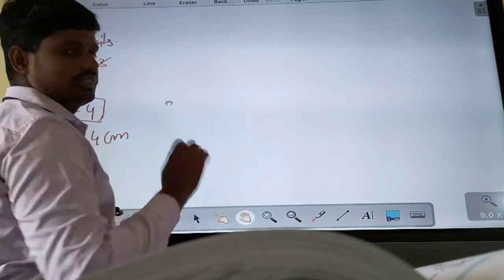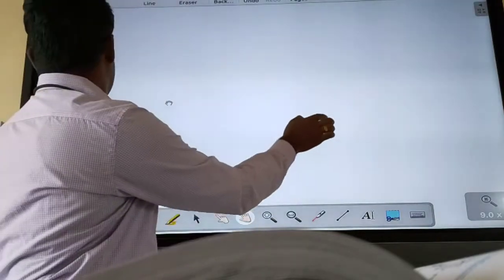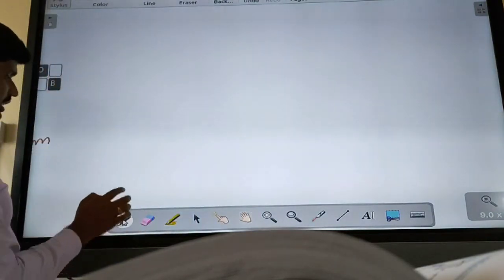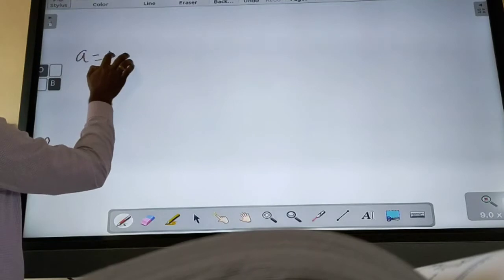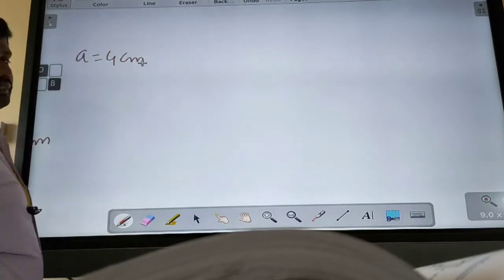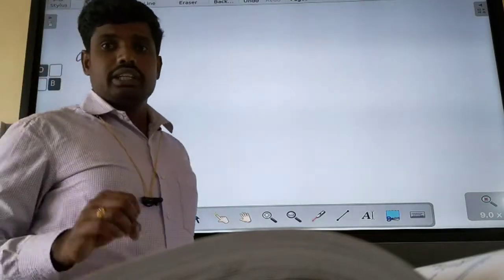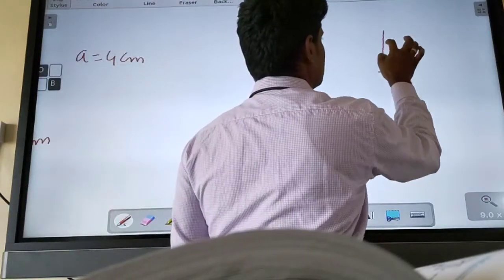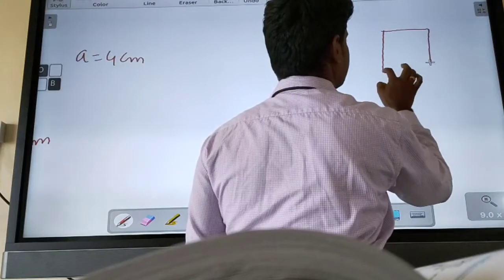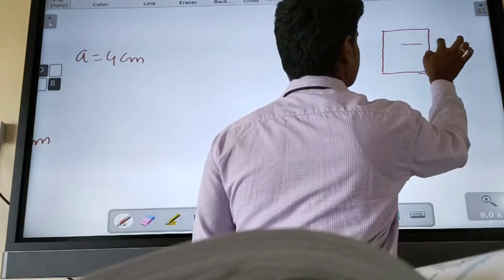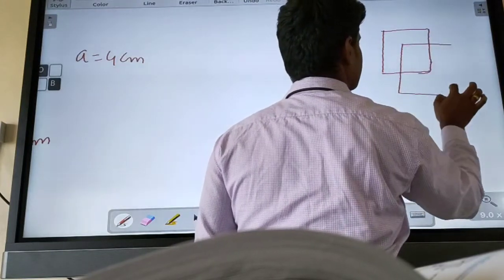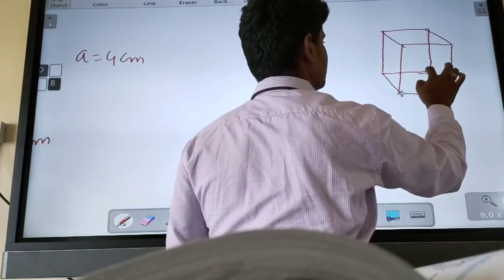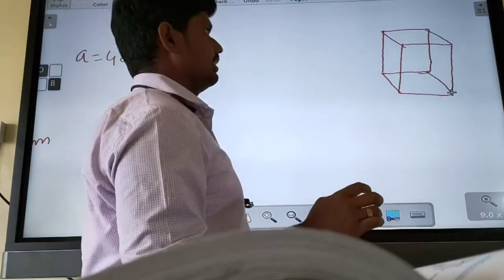See, children, already the side length, you know, a is equal to 4 centimeter. Now, see, two cuboid, no? Children, this is a cube, one cube. Join that end to end, given, no?